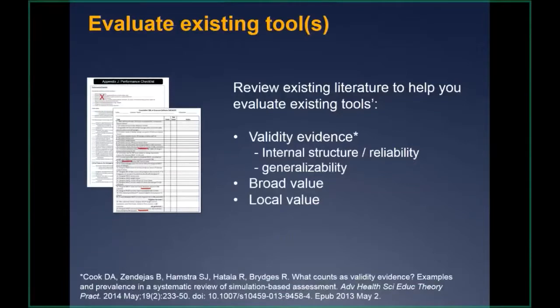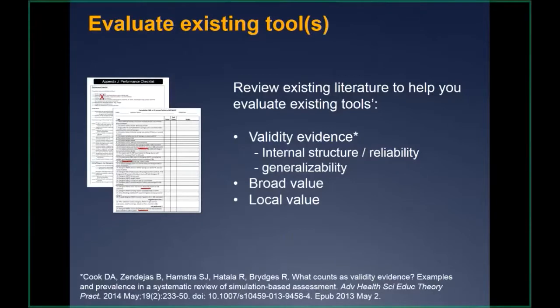Now, what I want you to do is go back and look at the literature that these things stemmed from. Go back and see if the authors talk about validity evidence. It may seem like a lot of psychometric hoo-ha, but it will be interesting and it will be important to you, particularly in terms of internal structure.